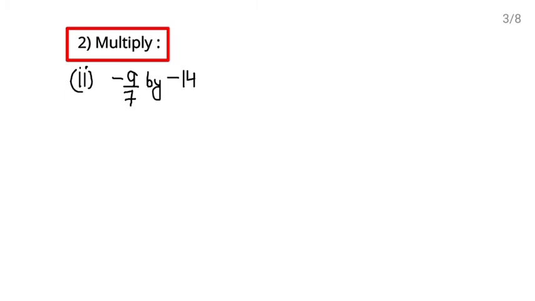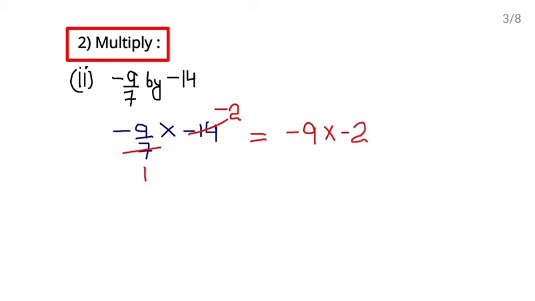Next question, again you will multiply this minus 9 upon 7 by minus 14. This denominator and this numerator both are divisible by 7. So cut them. 7 ones are 7, 7 twos are 14 with a minus sign. So what are you getting now? Minus 9 multiply minus 2, and in the denominator we have 1.